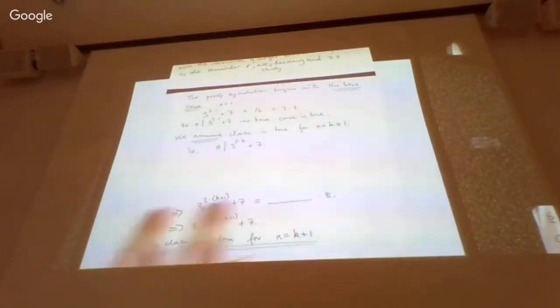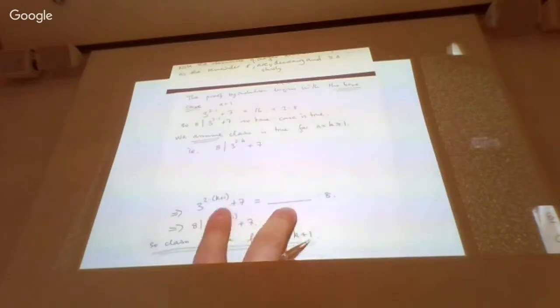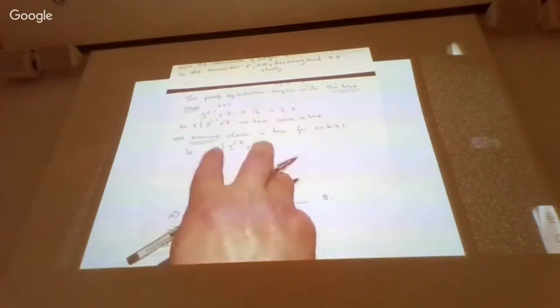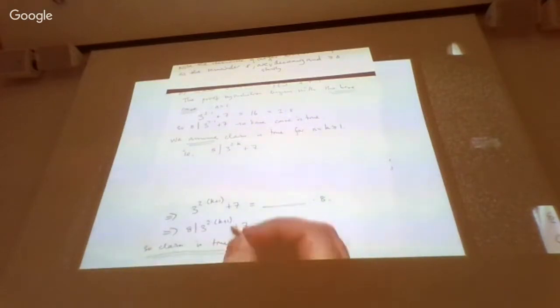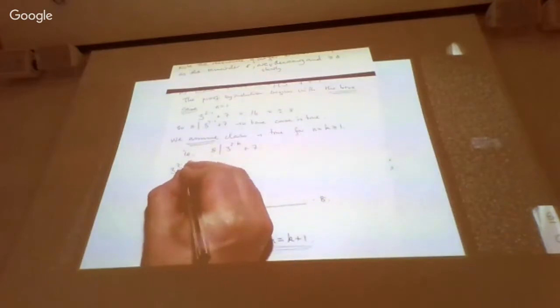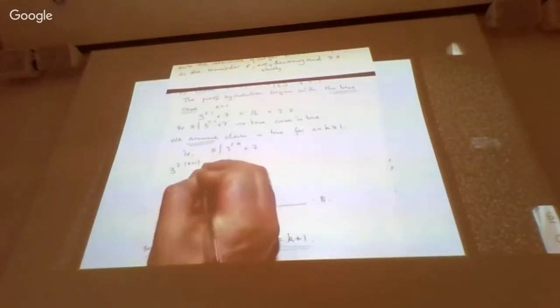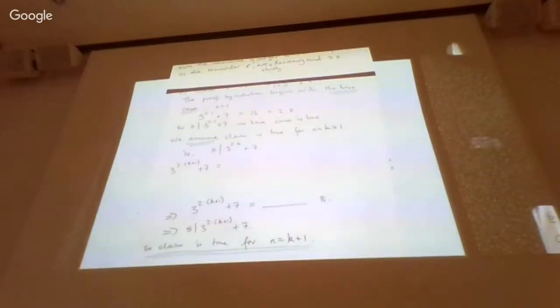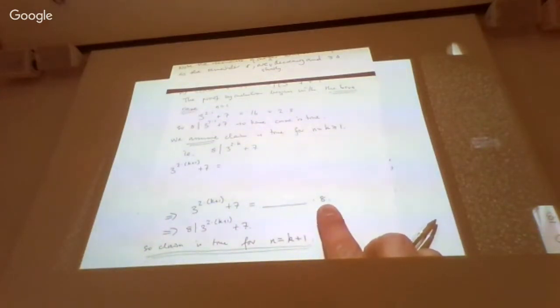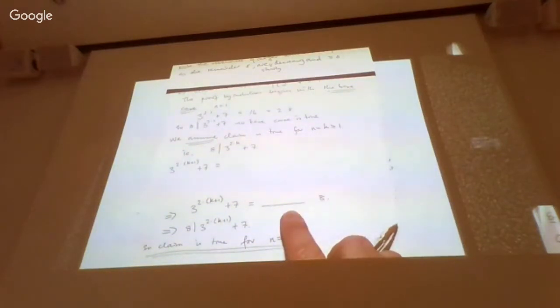And once you realize that this is what you're trying to get to, that tells you how you should work from up here. From up here, you should start with this quantity, 3 to the 2k plus 1 plus 7, and we're going to work on it and work on it and try to squeeze an 8 out of it, and leave behind an integer.